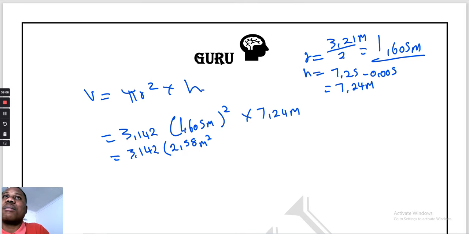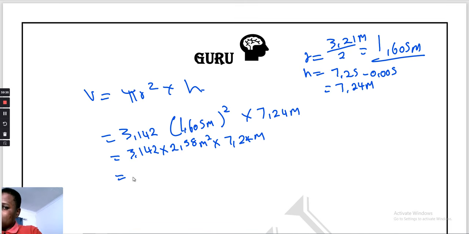Okay, let me remove this bracket here, and then we multiply straight away. We multiply by 7,24 meters. That is equal to 3,142 multiplied by 2,58 multiplied by 7,24.